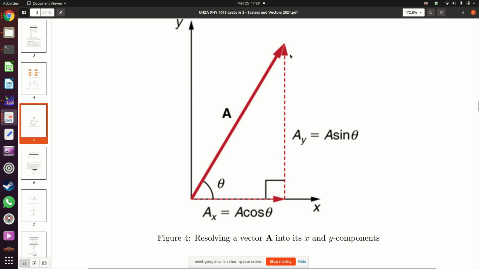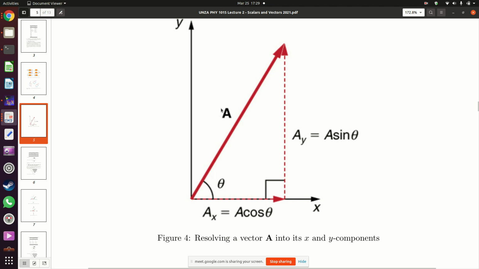What we have here is a right angled triangle. With this right angled triangle, we know that for any right angled triangle there is a relationship between A, which in this case is the hypotenuse of this triangle, the adjacent and the opposite, and that relationship is Pythagoras theorem.